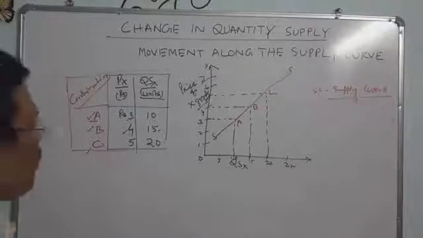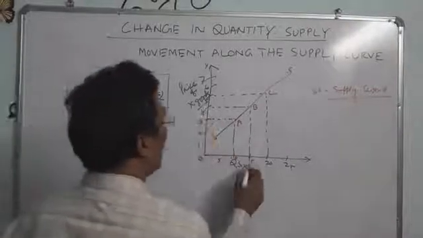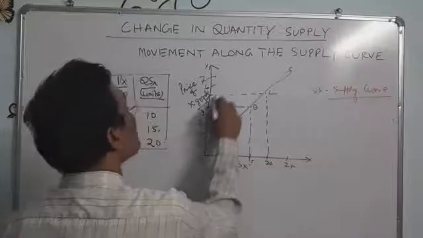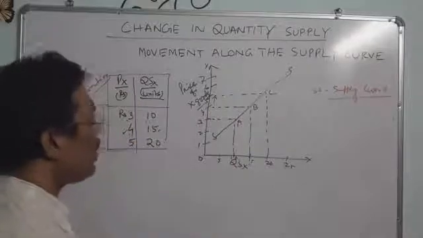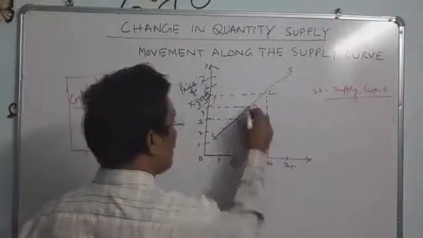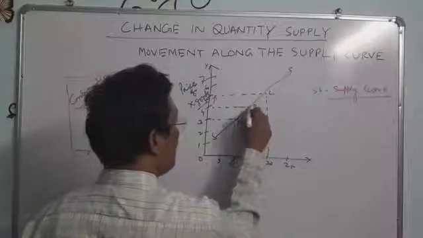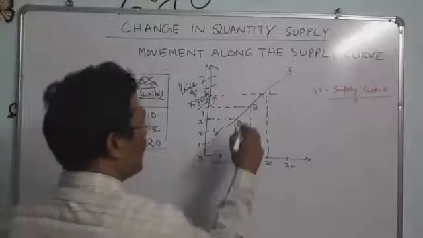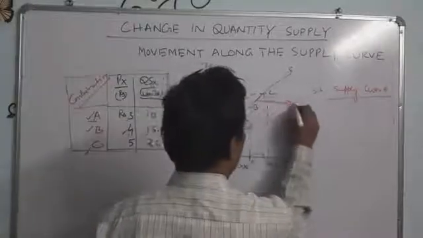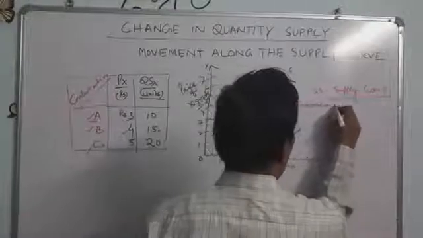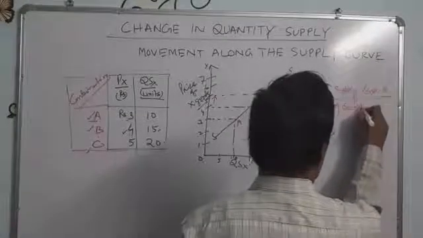Suppose the price is 4 and quantity of supply is 15 units, and when price increases from 4 rupees to 5 rupees, quantity of supply increases from 15 units to 20 units. So that movement on the supply curve from point B to C is the extension of supply.